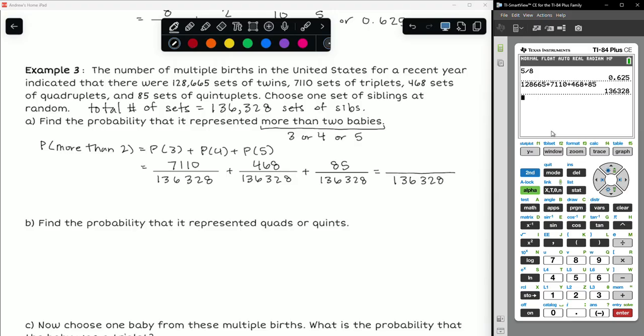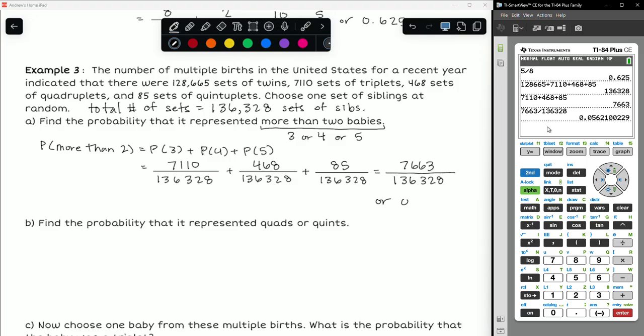Denominators are same, we're just going to add the numerators. And we get 7,663. And in decimal form, that's going to be that number divided by that number.